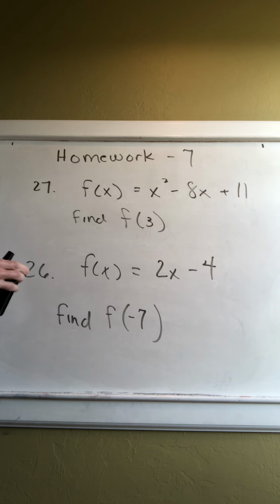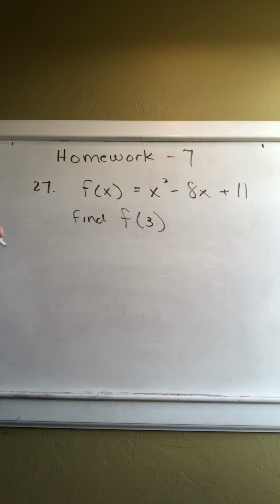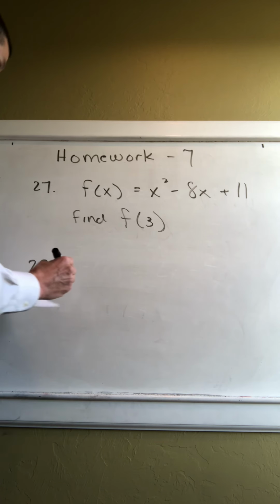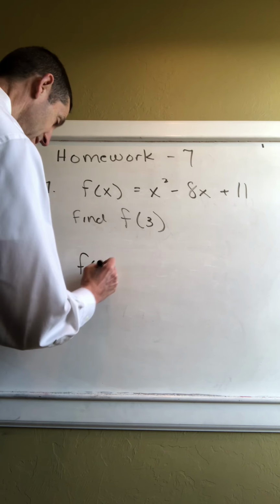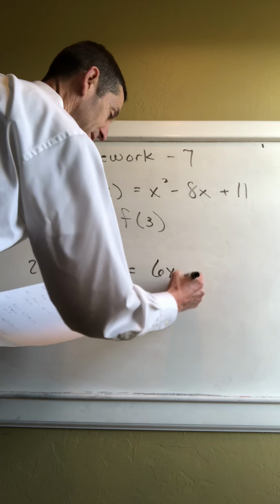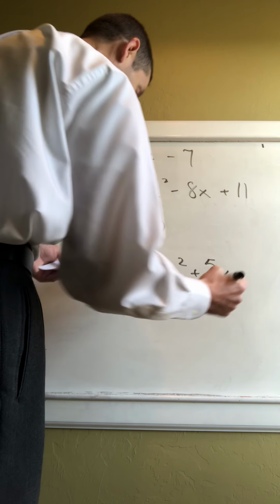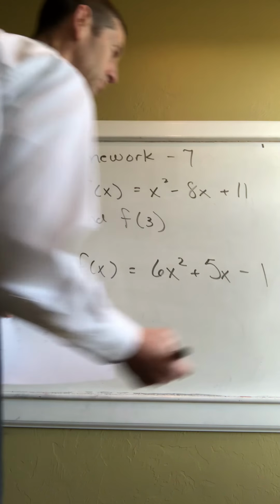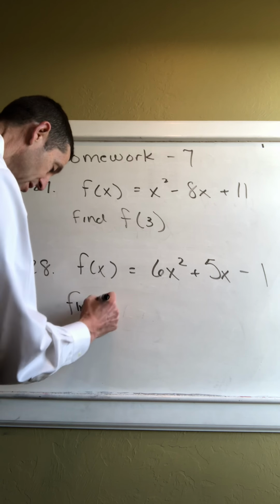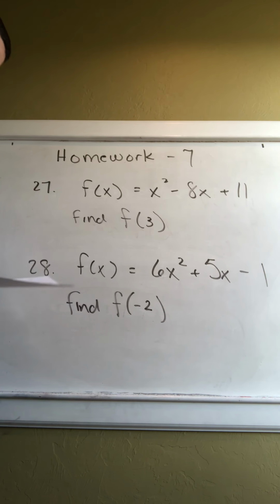And let's do this last one. 28, which is f of x equal to 6x squared plus 5x minus 1. Find f of negative 2.